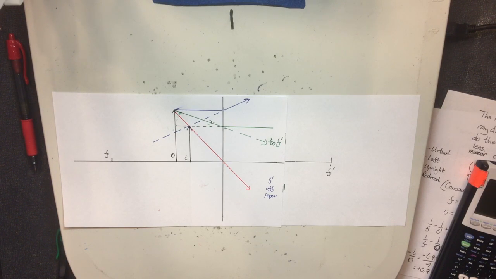So virtual rays converge on it. Obviously this is a virtual image because it's on the same side as the object of the lens. What does light do? Passes through a lens. So pass through solid, pass through solid, pass through solid. But the virtual rays will get traced back.